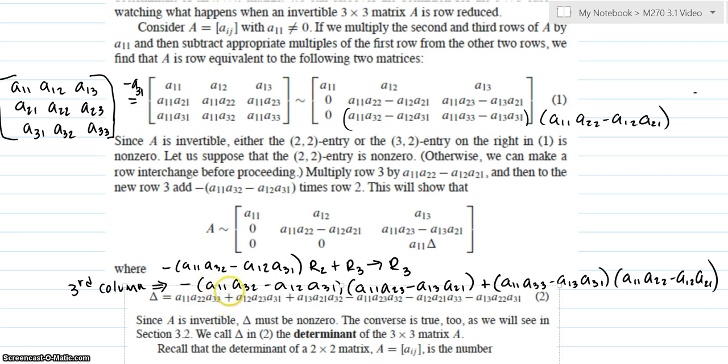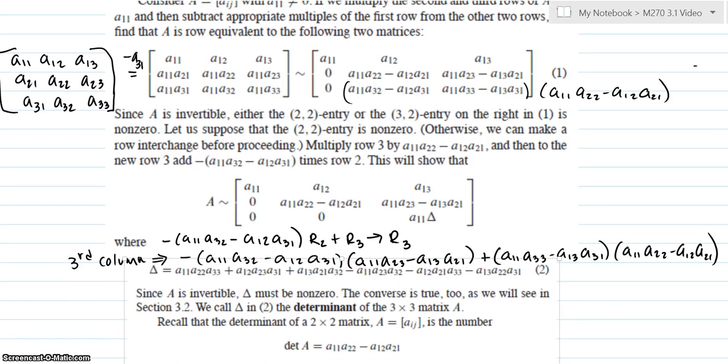For instance, just the first term here, A11 times A23 times A32, has an extra A11 in it, but we're going to factor that out and put it there. If you multiply it and see that you get that there, that, believe it or not, is the determinant of a 3 by 3.